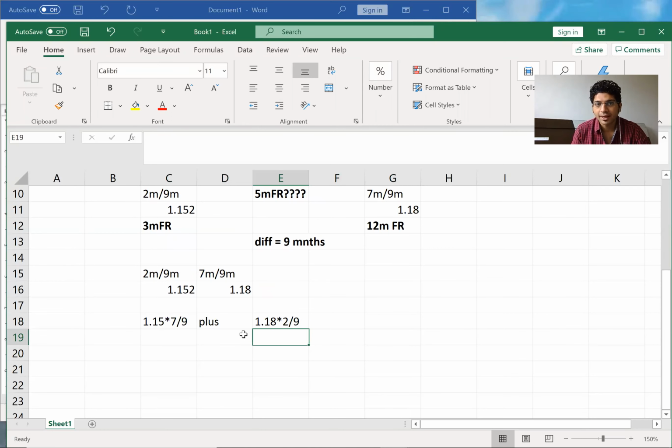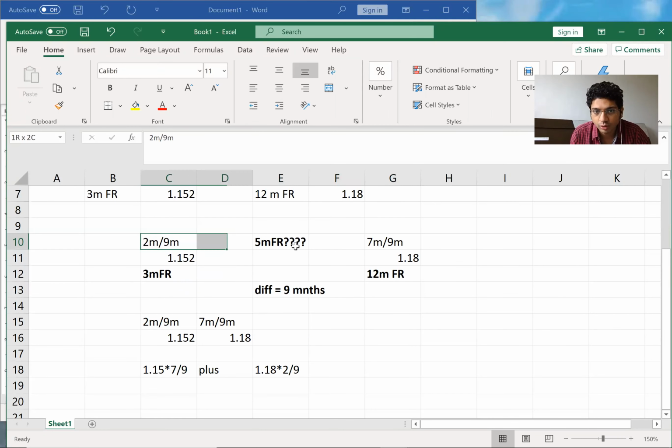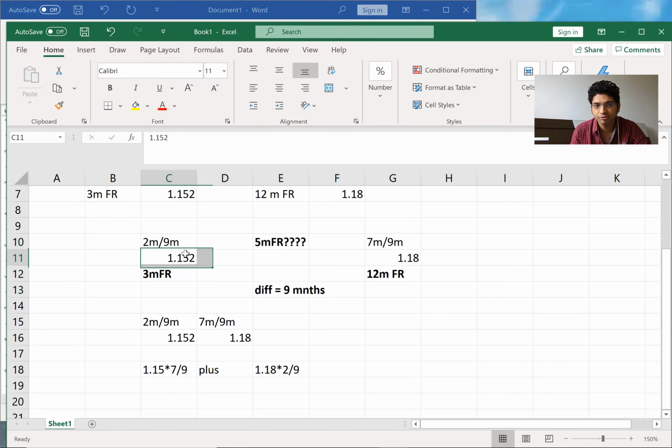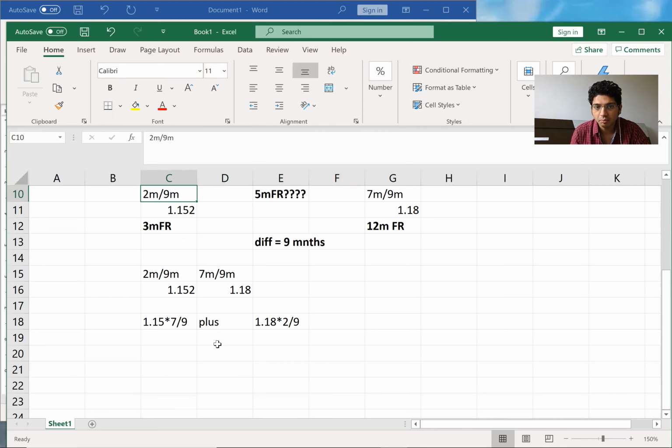Okay, the mathematical logic of finding out the average. So I'll just cross multiply them, 1.152 into 7 by 9 plus 1.18 into 2 by 9. I'll get the mid rate.